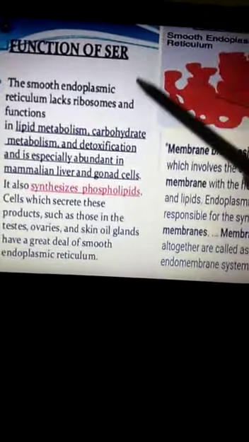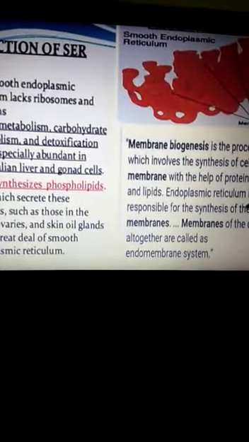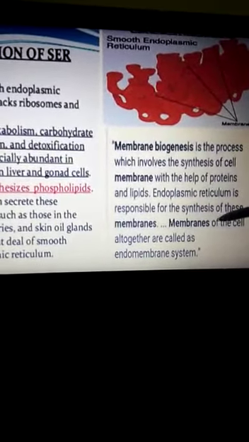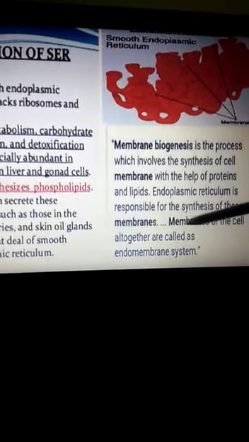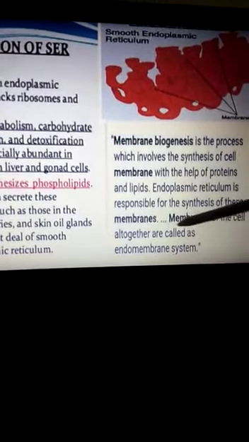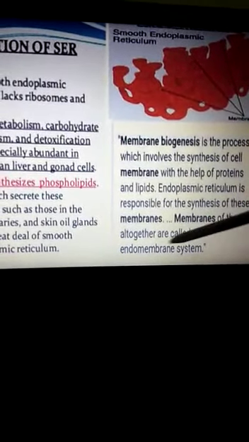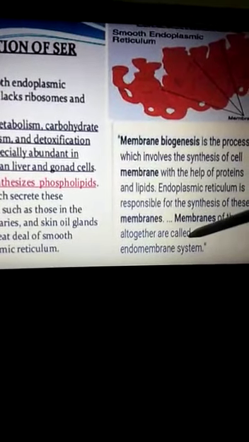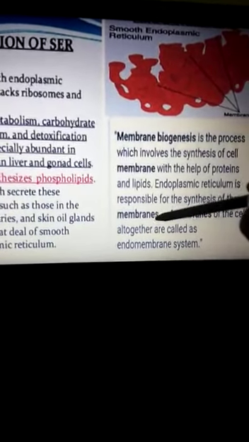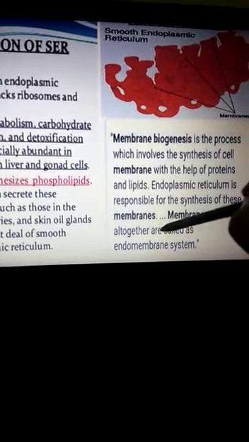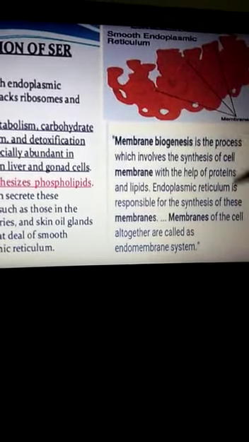So the lipid part is made by the smooth endoplasmic reticulum. So that is why the membranes of all the cell together give the name endomembrane system. मेम्ब्रेन सिस्टम मतलब एक ऑर्गेनल के नहीं है, सारे के सारे मेम्ब्रेन एक साथ, and because it is inside the cell, it is known as endomembrane system.